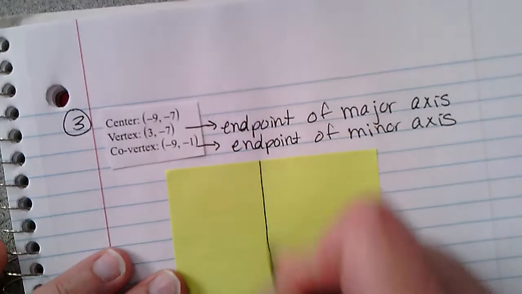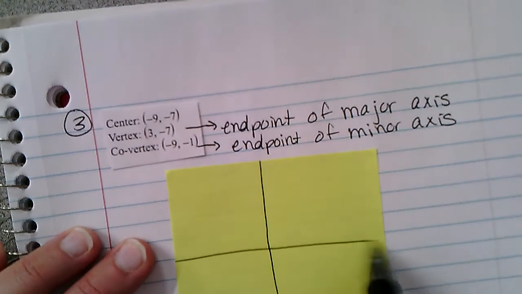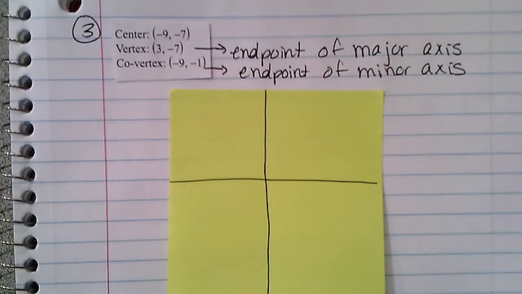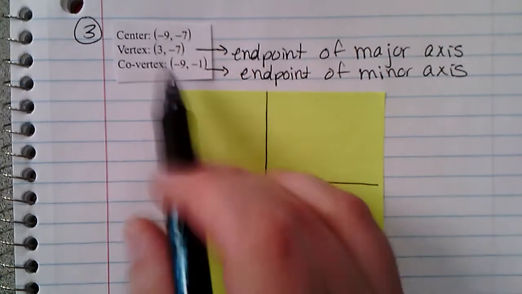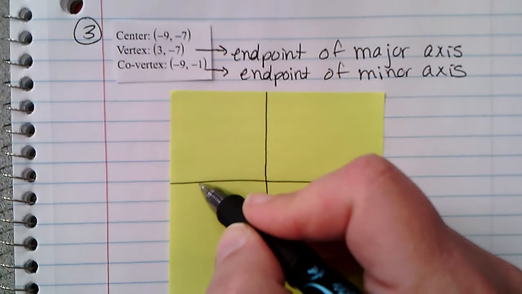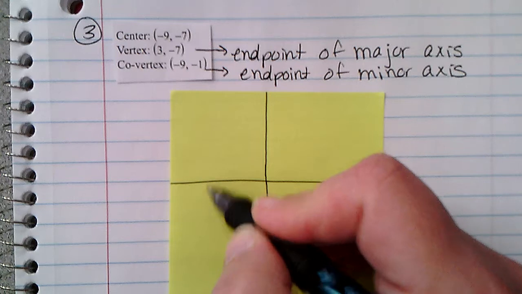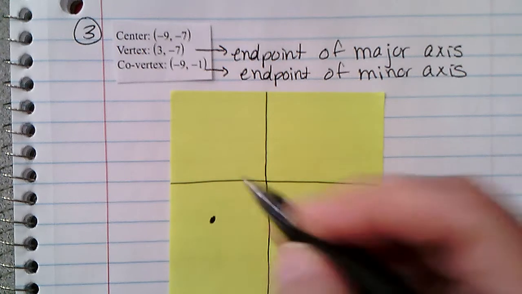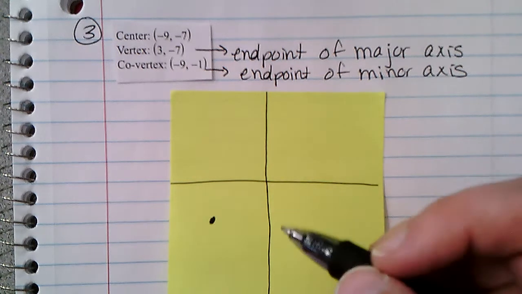I'm going to sketch a little coordinate plane here. It doesn't have to be perfect. We're just going to guesstimate. So the center being -9, -7. So -9, we'll call that there. Then -7, we'll call that there. So that's the center.